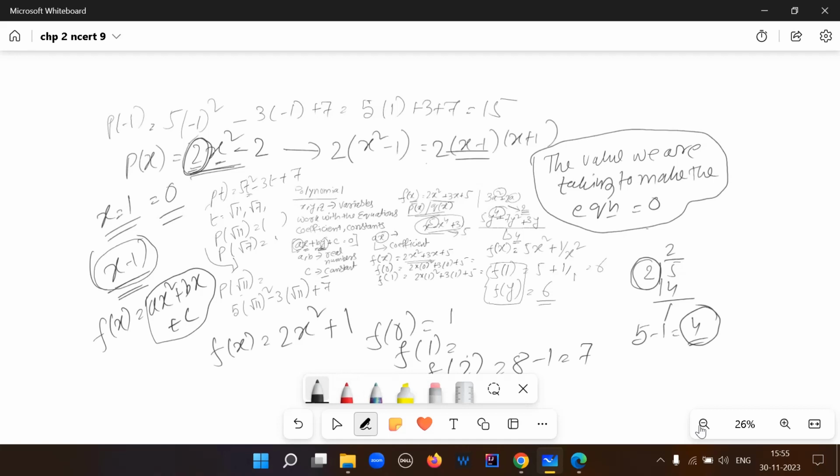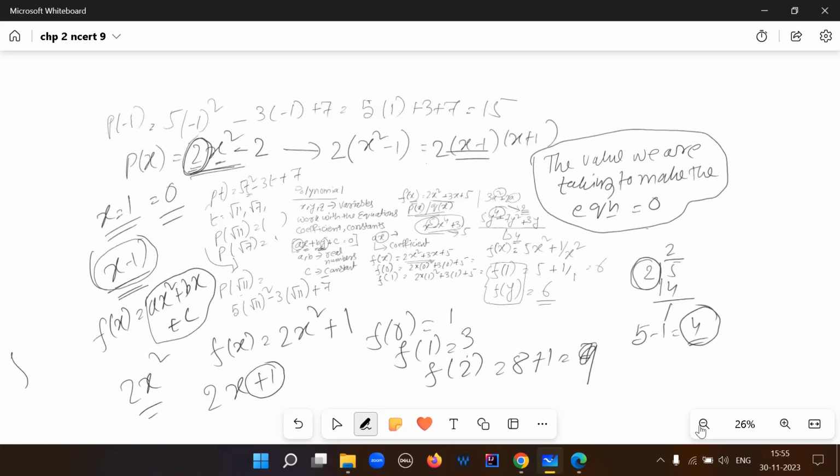If I subtract the 1 from the equation, which is excluded, it is now 2x square. So for f(x) equals 2x square, f of 0 equals 0 now. So I am getting the 0. It is the remainder. Okay. So the value comes to 0.